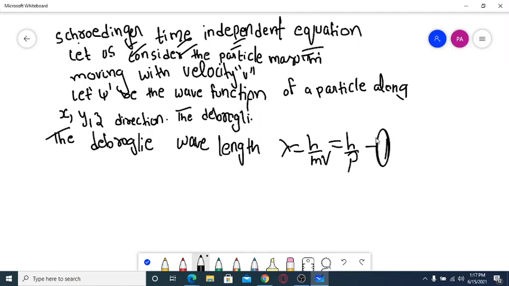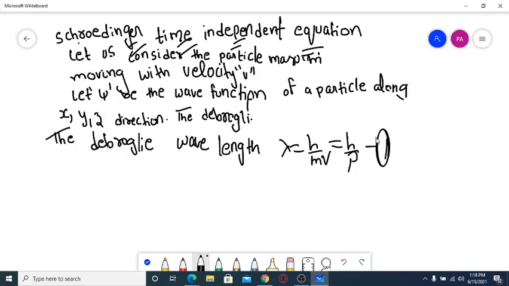So we have considered the particle having mass m moving with velocity v, and let psi be the wave function of the particle along the x, y, z direction, and the de Broglie wavelength of the particle is given by lambda is equal to h by mv, or h by p.